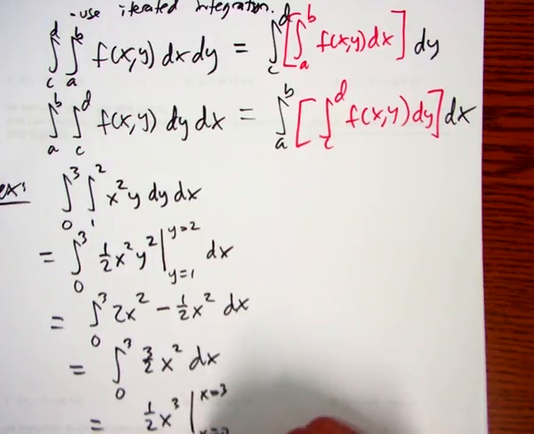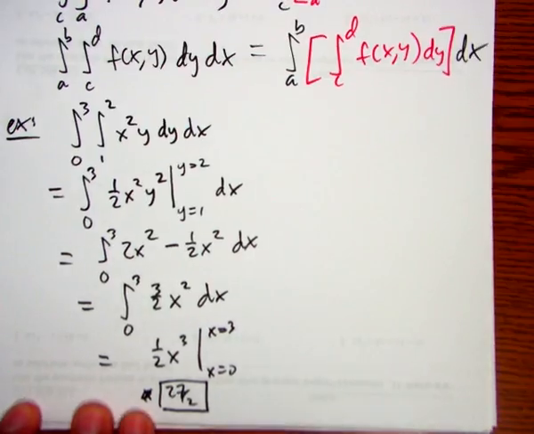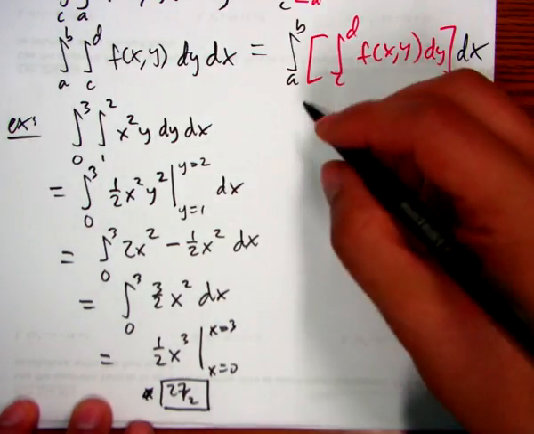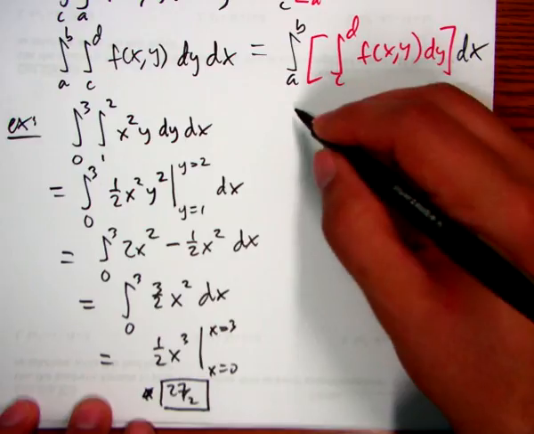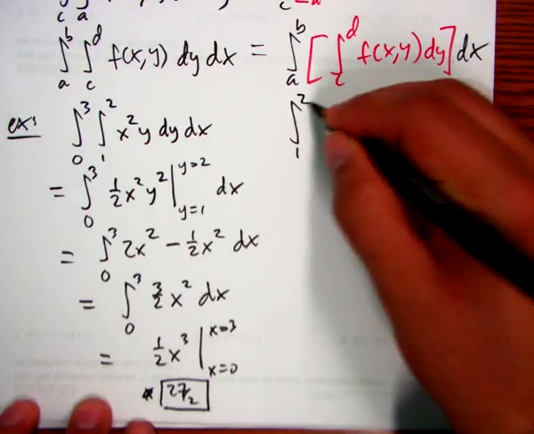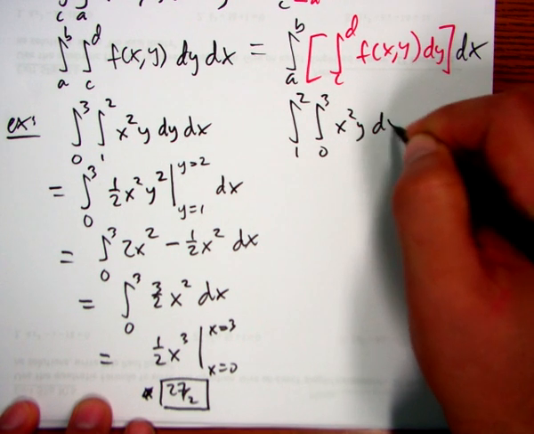So this would be the volume, 27 over 2. Okay. Why don't you go ahead and try this integral, but let's just switch the order here. Take a minute and work through that.